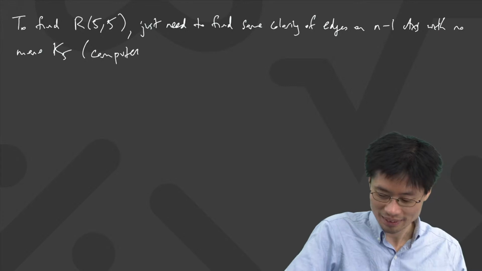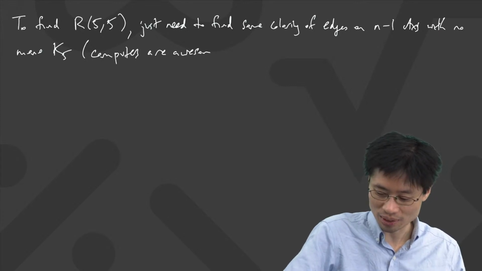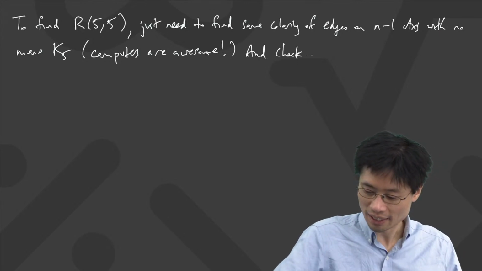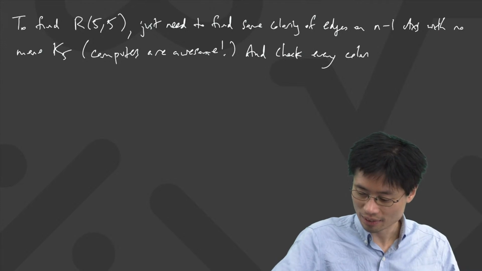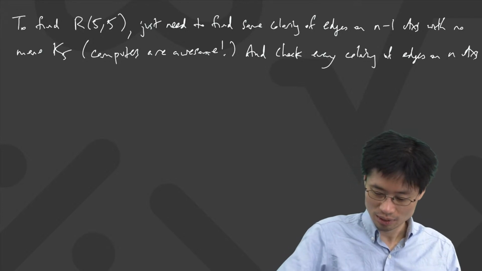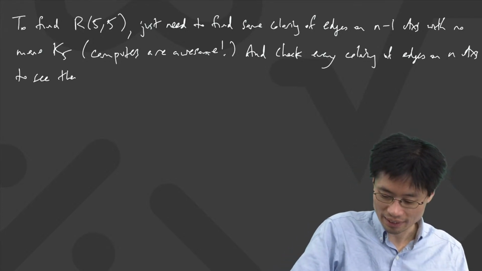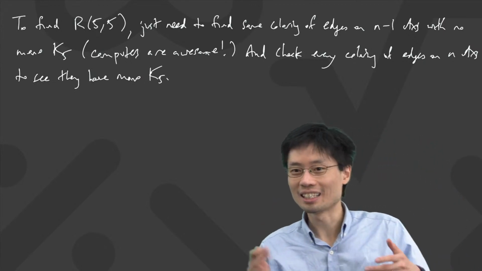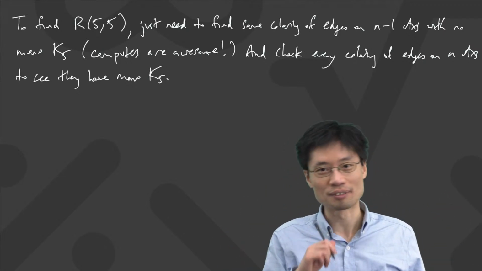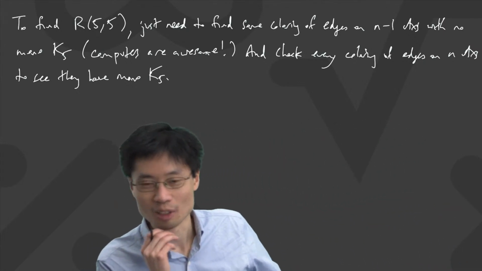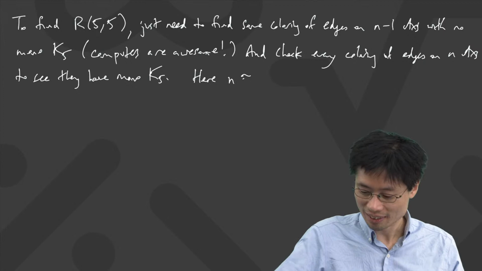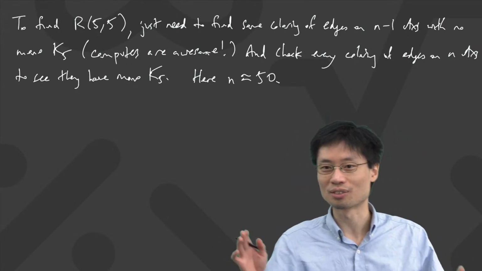Computers are awesome; surely they're powerful enough. And check every coloring of edges on n vertices to see that they have a monochromatic K5, right? In this particular case, n is somewhere on the order of 50, I think. Maybe it's 60, maybe it's 40, something like that.